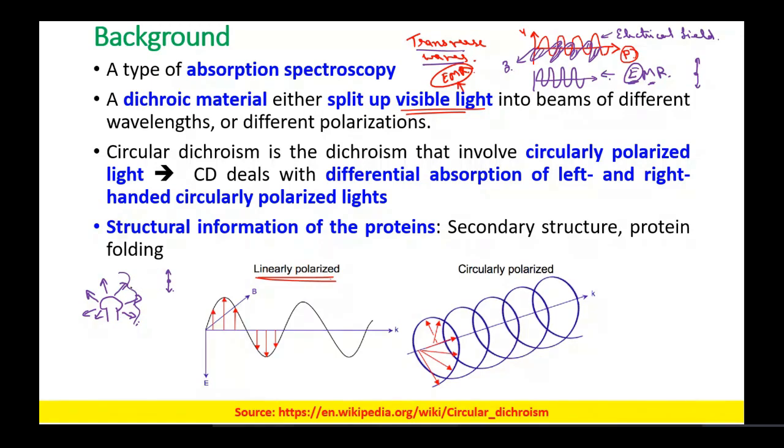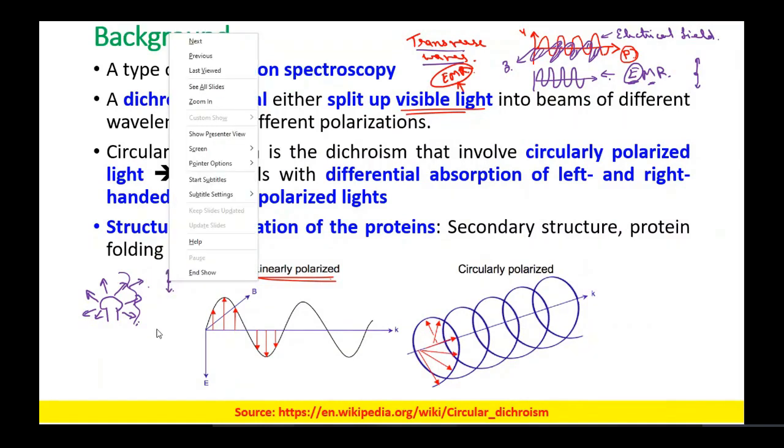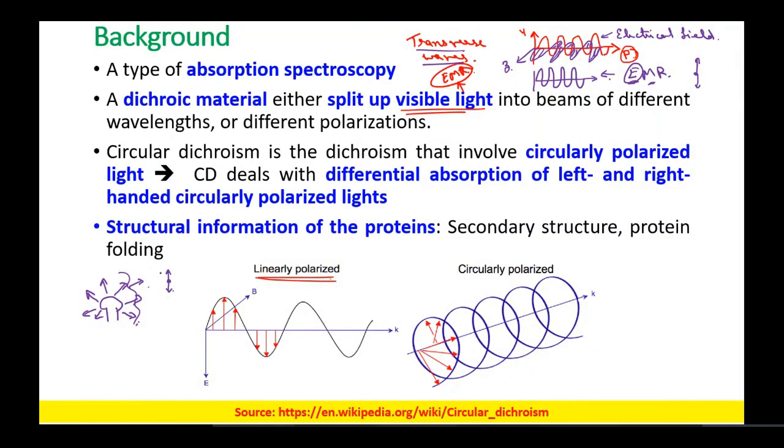So if we compile this and show it over here, supposing that at this point we have a point source, we will be getting different radiations like this. In another direction we will have another beam, in another direction another beam, and so on.